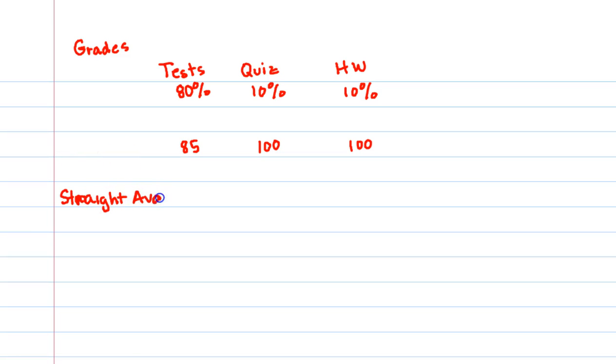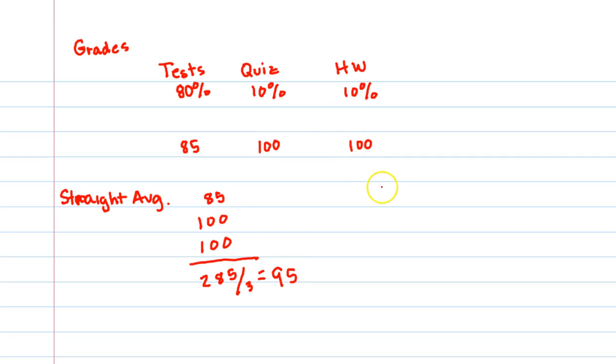If we do a straight average, we're going to take the three grades, 85, 100, and 100, and we're going to add them together and get 285, and we're going to divide that by 3. And so 285 divided by 3 would give you a 95% average.